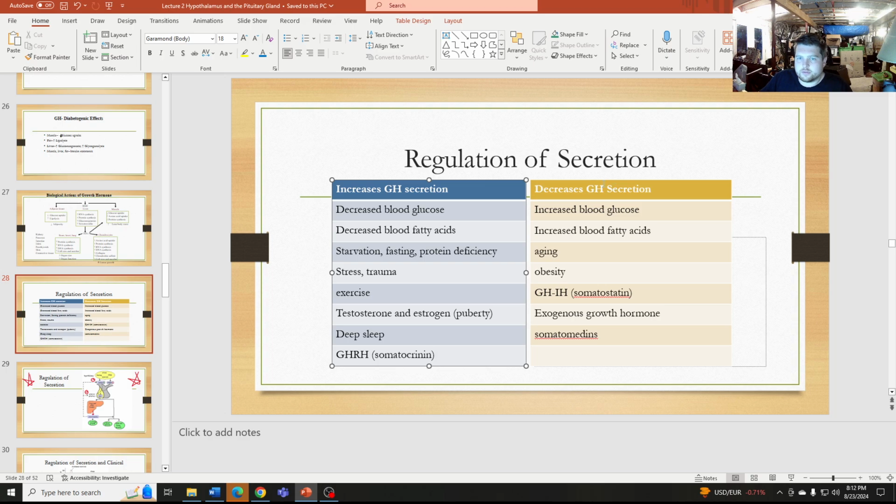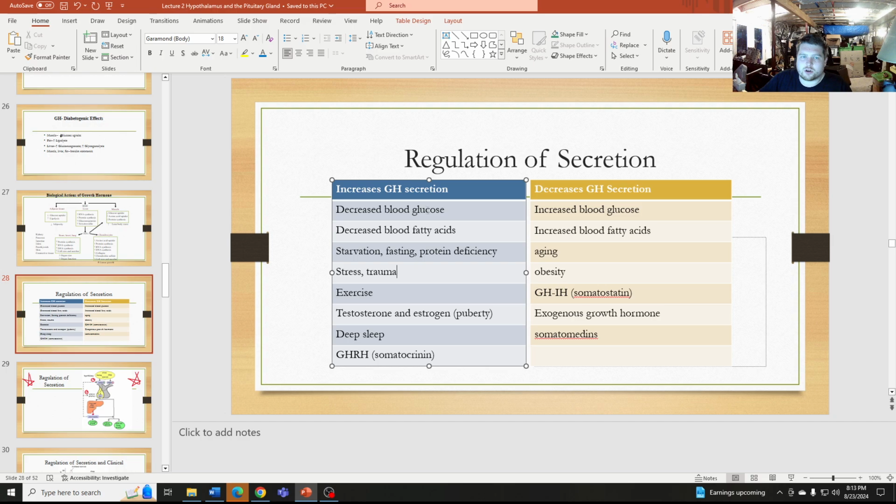Actually, my bad, all of these things are going to increase growth hormone secretion. So when we have decreased blood glucose, we'll increase growth hormone secretion. If we have decreased blood fatty acids, we'll increase it. Starvation, fasting, or protein deficiency increases the growth hormone secretion.